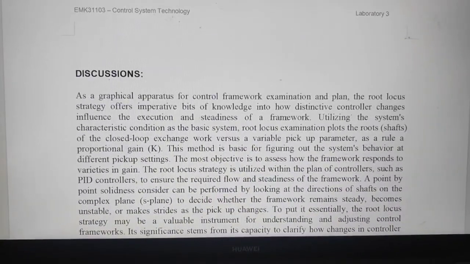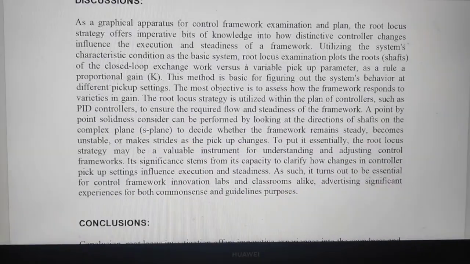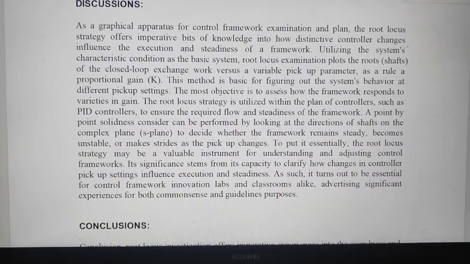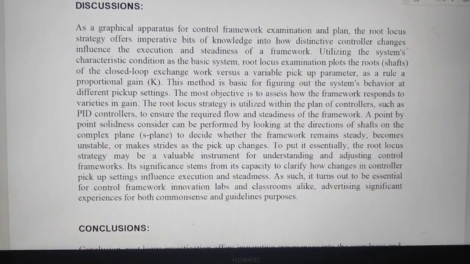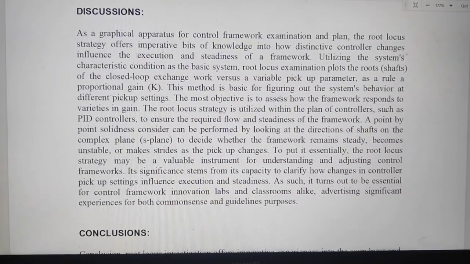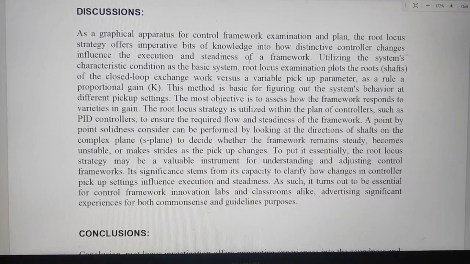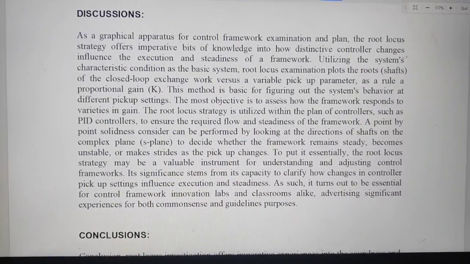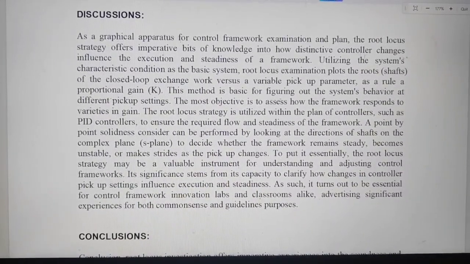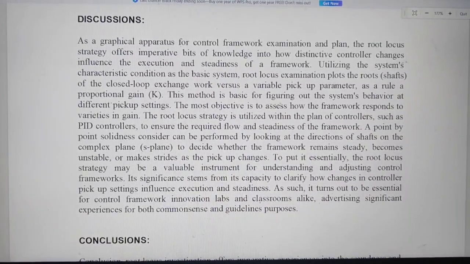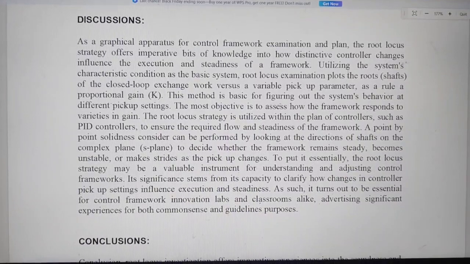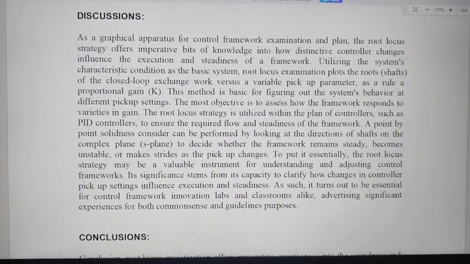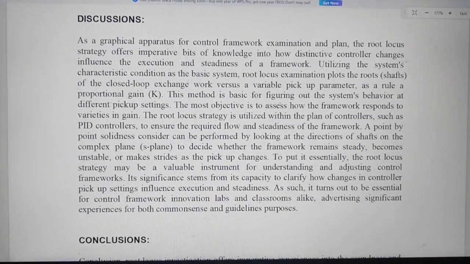And finally, for the discussion: as a graphical tool for control system analysis and design, the root locus method offers important insights into how different controller changes influence the performance and stability of a system, using the system characteristic equation as a basic framework.